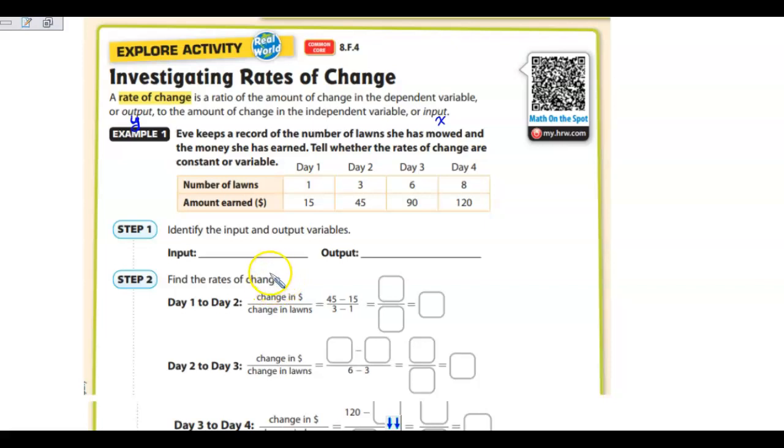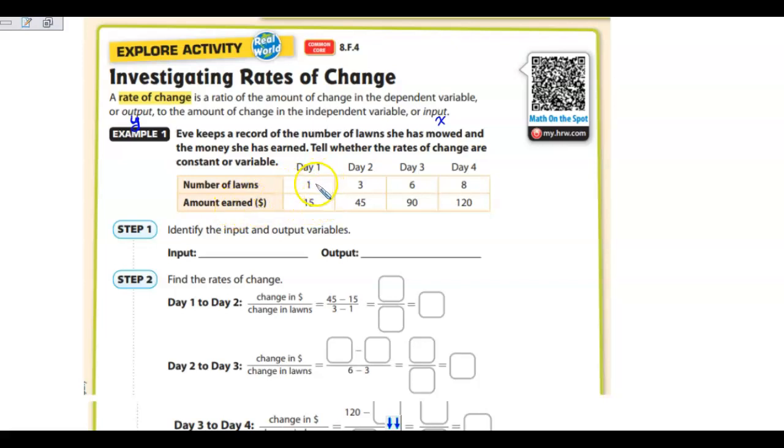Our example is Eve keeps a record of the number of lawns that she has mowed and the amount of money she has earned. Tell whether the rates of change are constant or variable. And remember that constant means it's the same each time, she doesn't change. The variable means there's some change. So in this table we have the number of lawns and the amount that she earned.